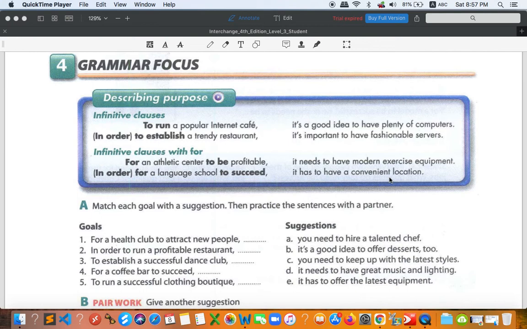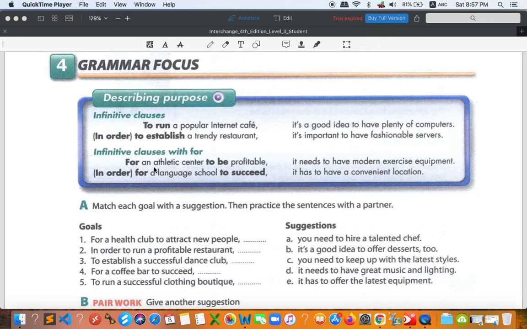So for, we use with a noun or phrase, or you can say in order for, we also use a noun or phrase. Remember, when you use in order to, or just to, you need to use a verb. But when you say for or in order for, then you have to use a noun or phrase.